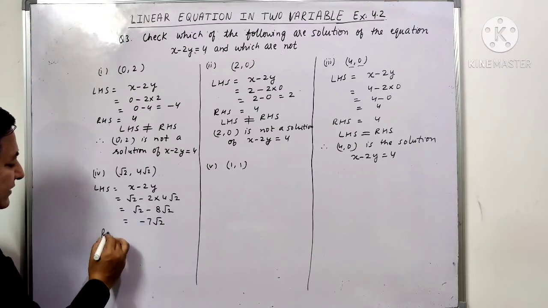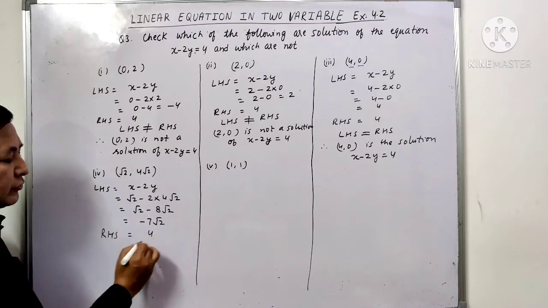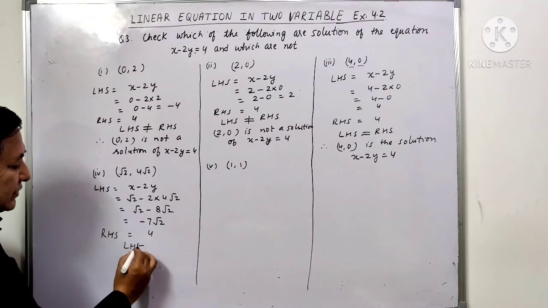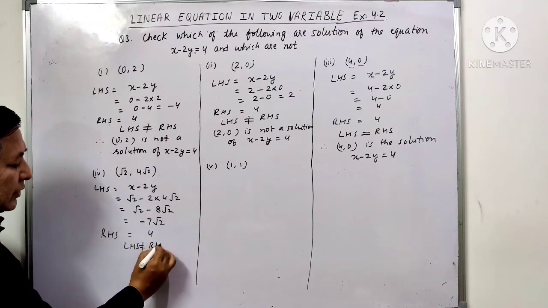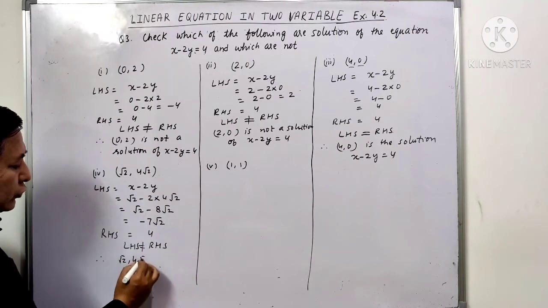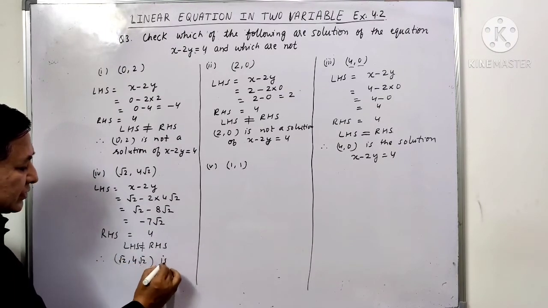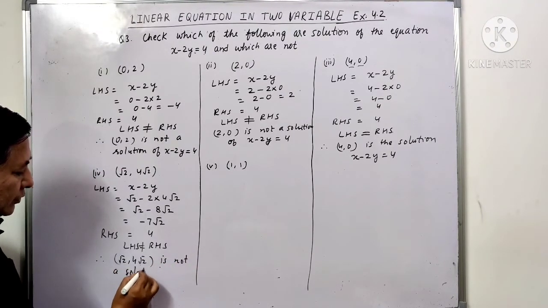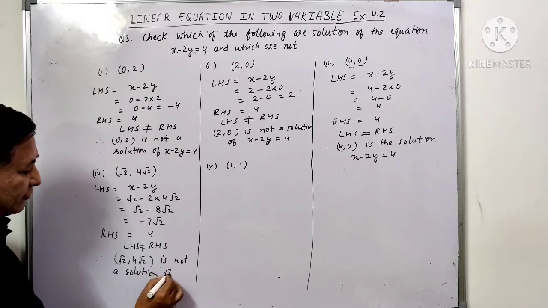And what is our right hand side? That is equal to 4. So we can see LHS is not equal to RHS. Therefore (root 2, 4 root 2) is not a solution of x minus 2y equals 4.